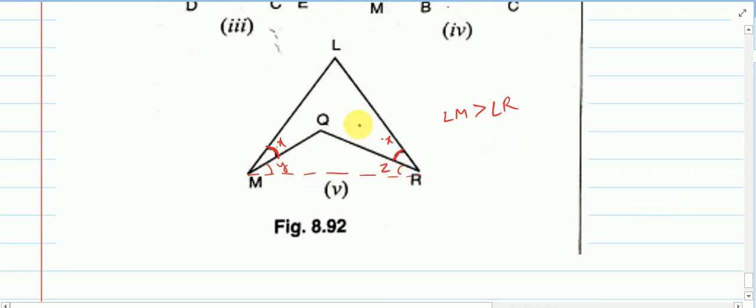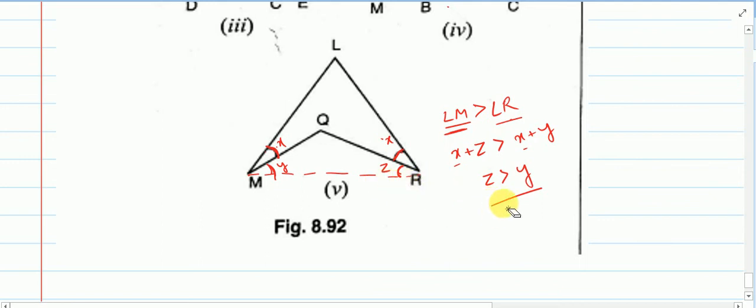Now it's given that LM is bigger than LR. That means the angle opposite to LM is bigger than the angle opposite to LR. The angle opposite to LM is this whole thing, so X plus Z is bigger than X plus Y. Here X and X are common, so Z is bigger than Y. That means angle Z is bigger than angle Y. The side opposite to the greater angle will be greater.